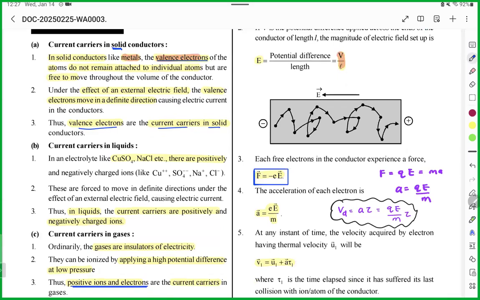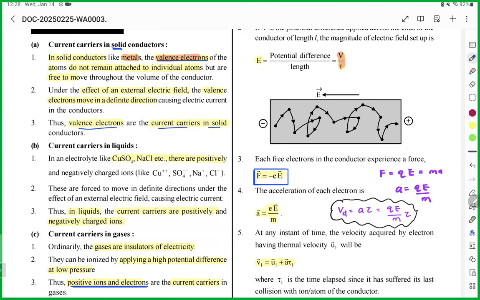But remember, most gases are insulators of electricity. If you take very high temperature, very high potential difference, for example a thunderstorm, current can pass through gases, but only at very high potential.